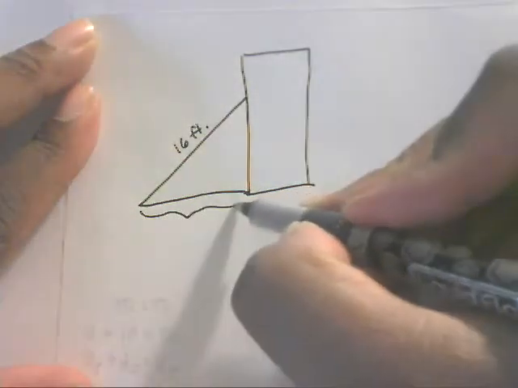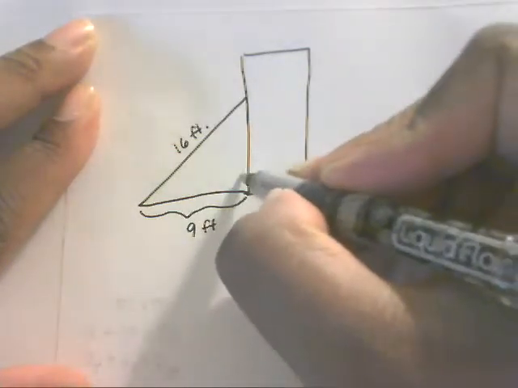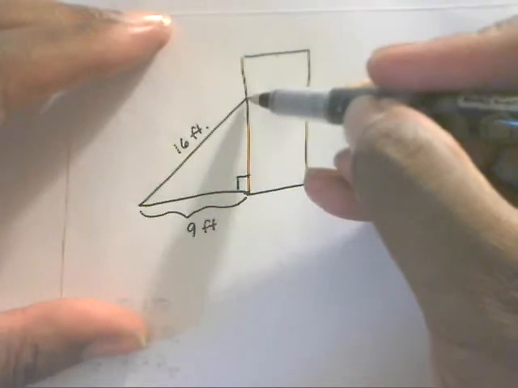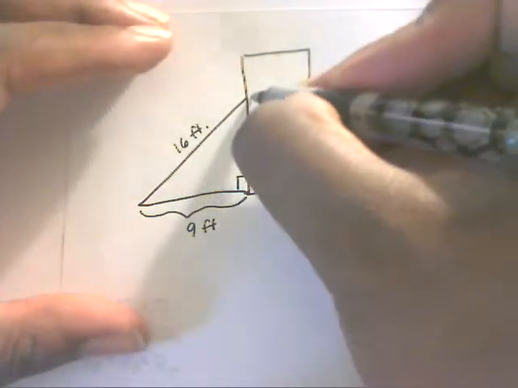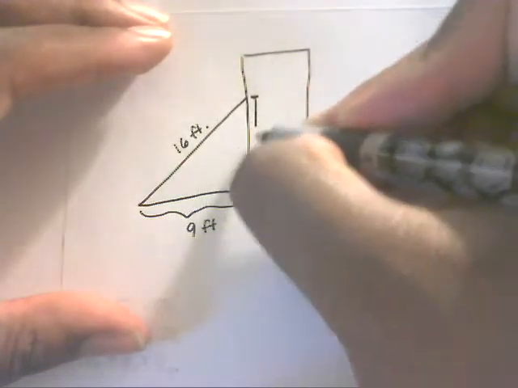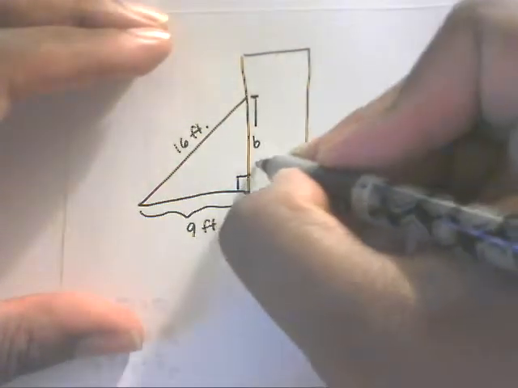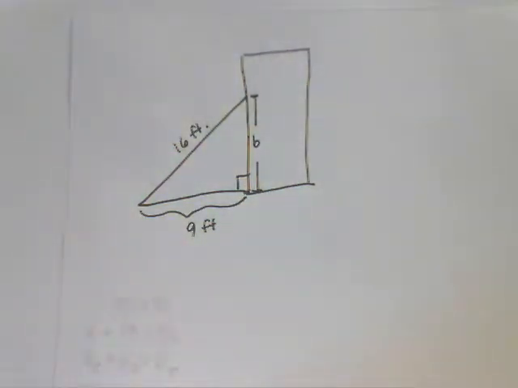So from here to here, that's 9 feet. We want to find out how high up this wall the ladder reaches. So we're finding this distance here, which I'm going to call B. I'm going to let A be 9, since I'm using the Pythagorean theorem.